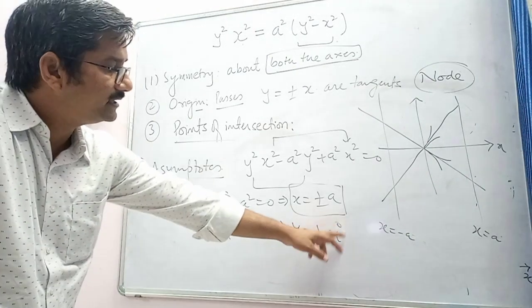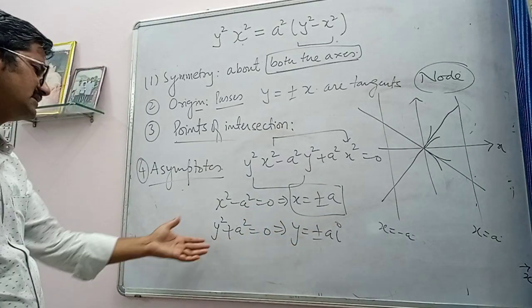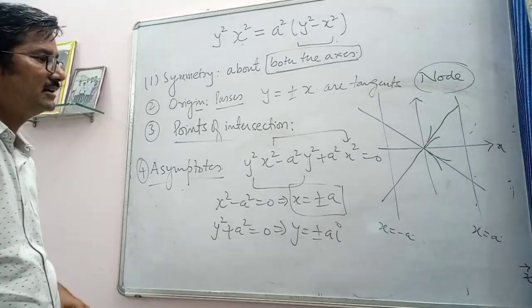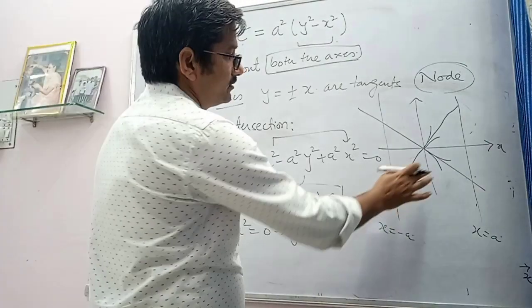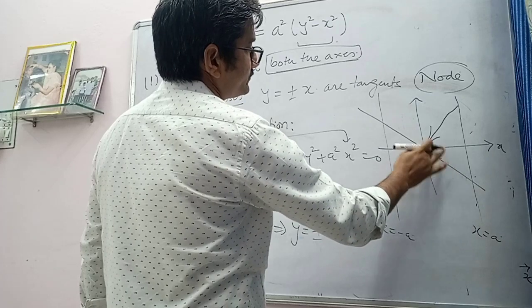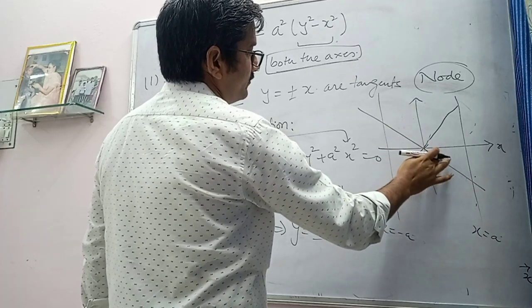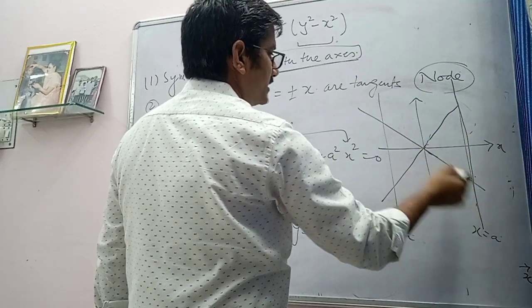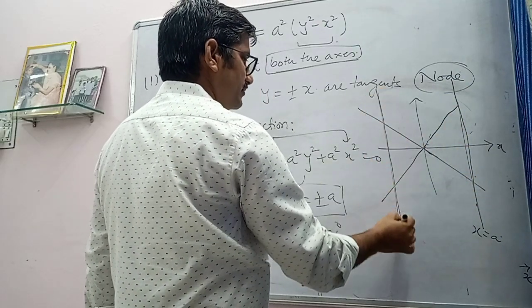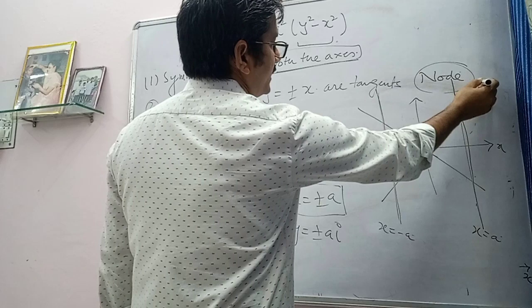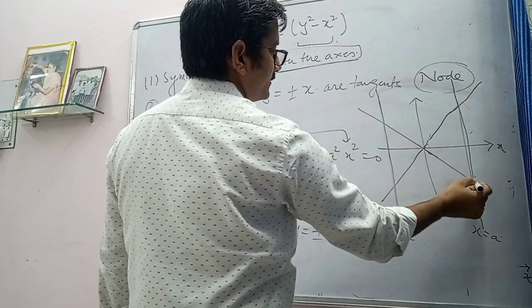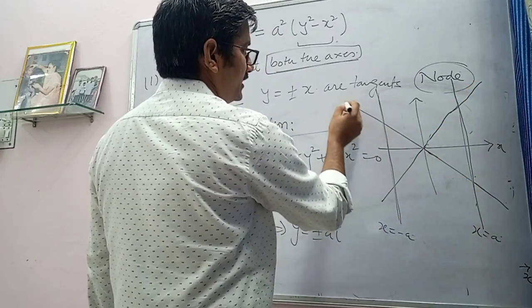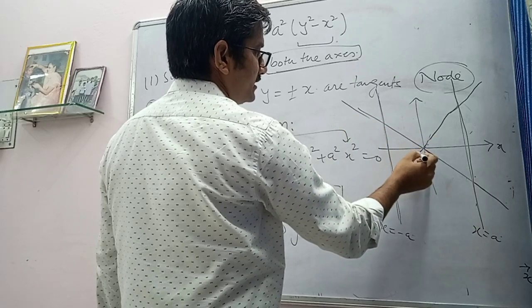So we will get imaginary values. So two asymptotes are imaginary and two are real. Now we can observe this line is an asymptote, this line is an asymptote. These two lines are the tangents at the origin.